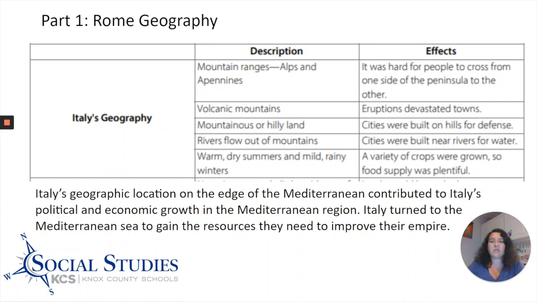Italy's geographic location on the edge of the Mediterranean Sea contributed to Italy's political and economic growth in the Mediterranean region. Italy turned to the Mediterranean Sea to gain the resources they needed to improve their empire.